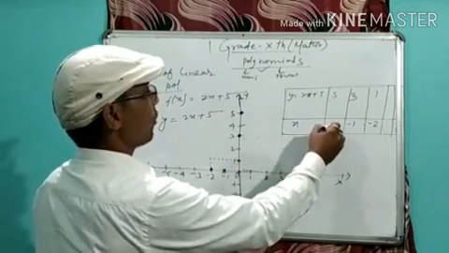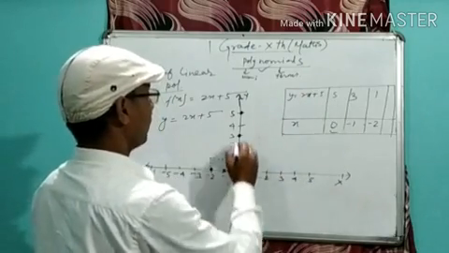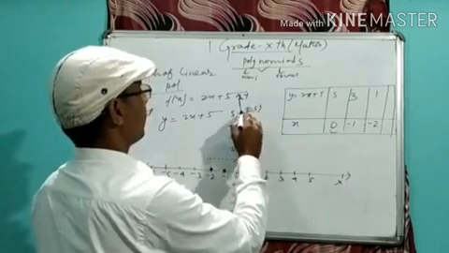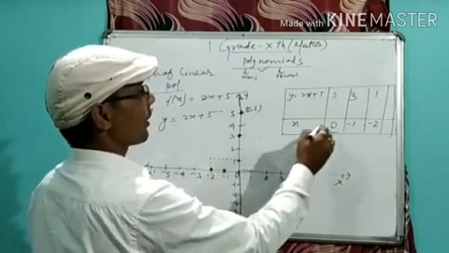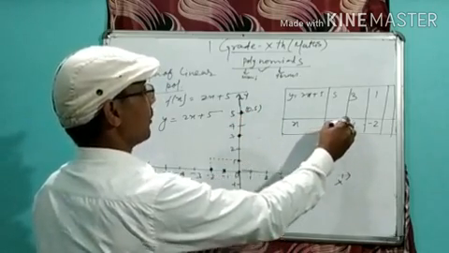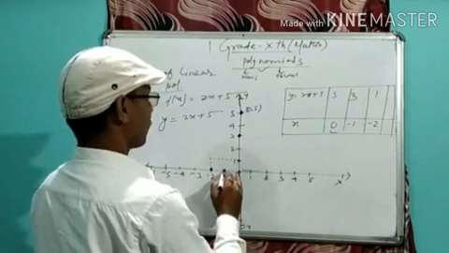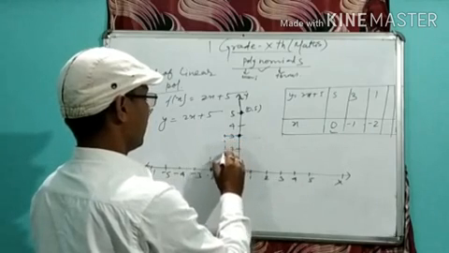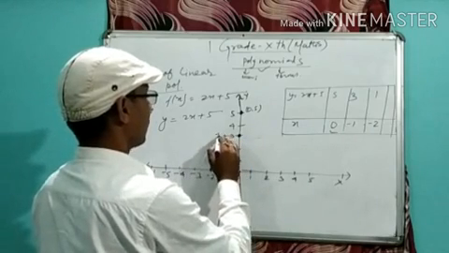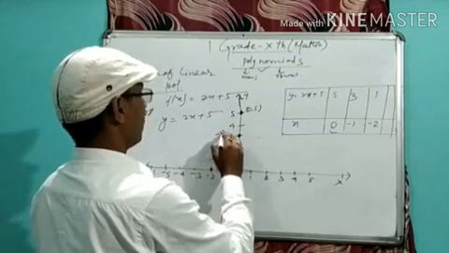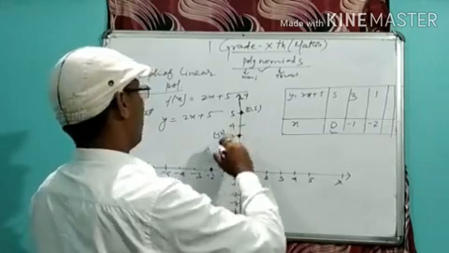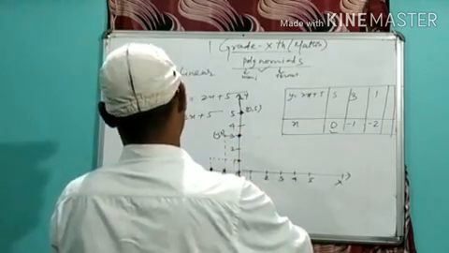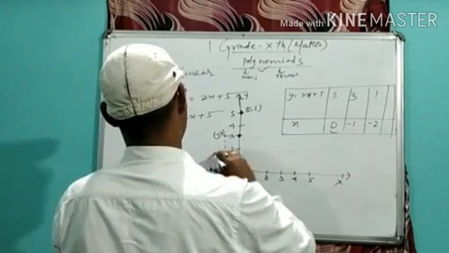First, 0 and 5. Where is 0? Here. Okay, 0, 5. Right? Second is minus 1, 3. This is minus 1 and here is 3. Now you have to draw a line.